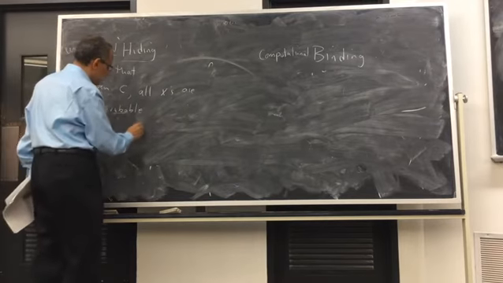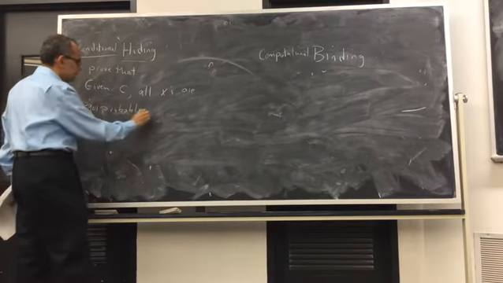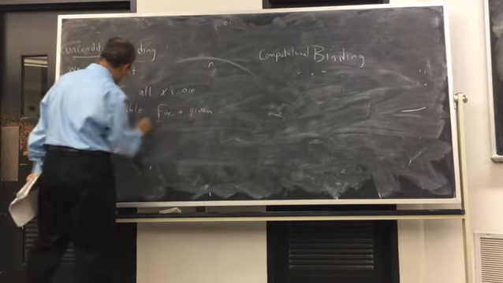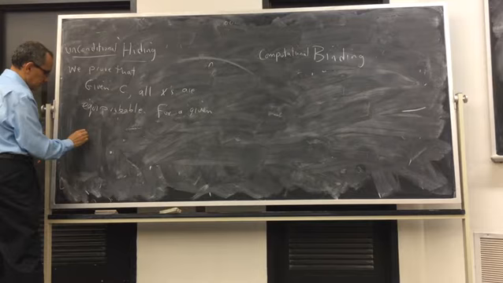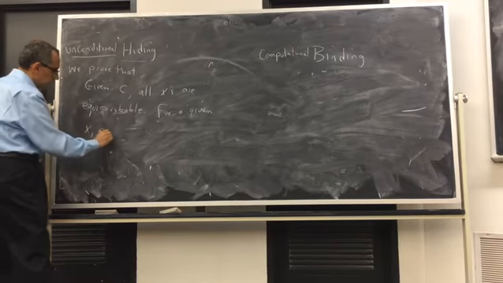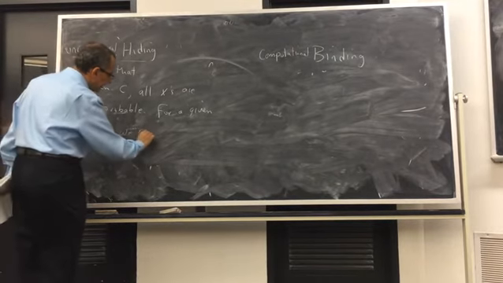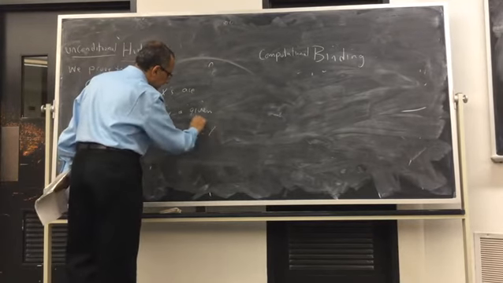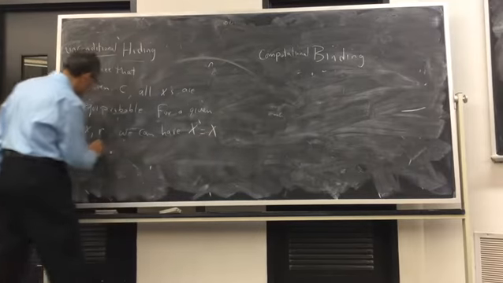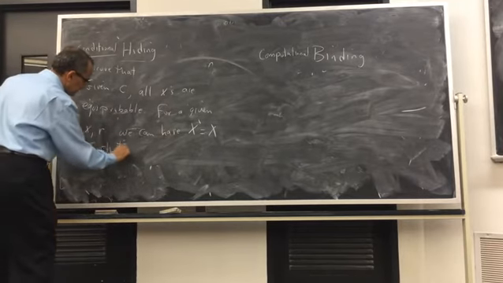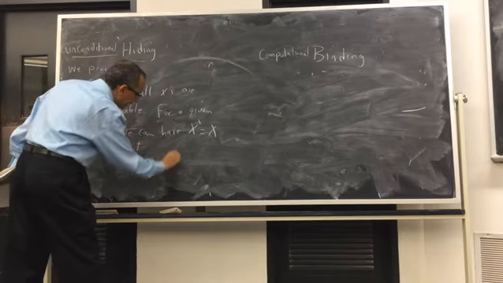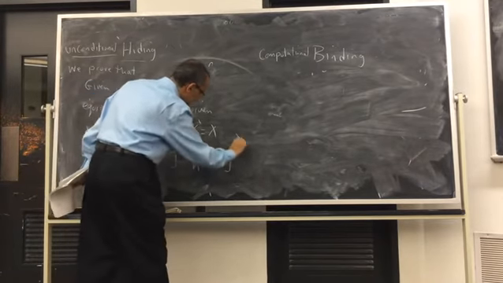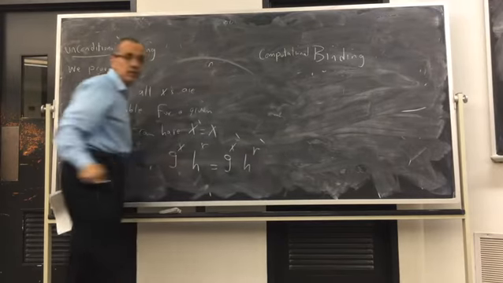We just said that for a given X and R, we can have X dash not equal to X, such that g to the power X, h to the power R equals g to the power X dash, h to the power R dash.